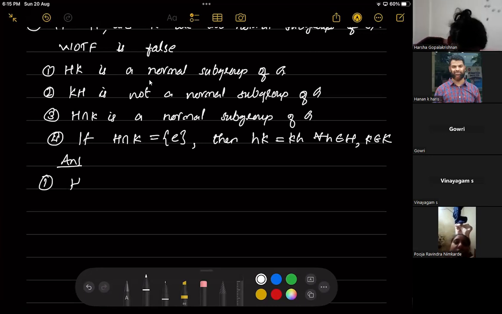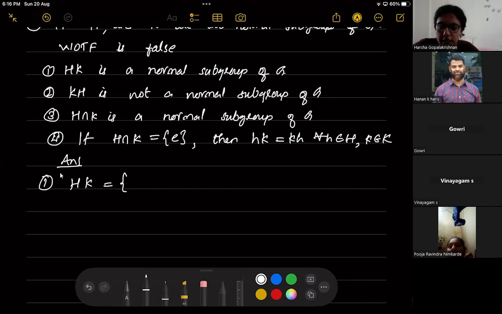First of all, what is HK? How will we define the set? They are saying it is a normal subgroup. So HK is a group. How can you define HK?